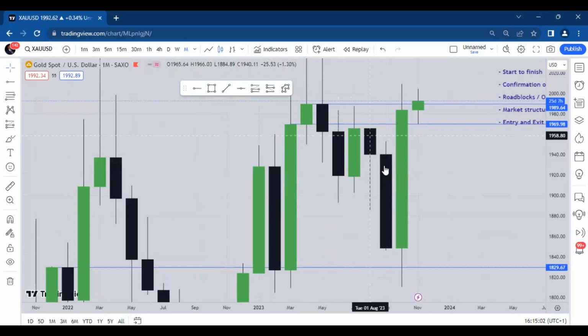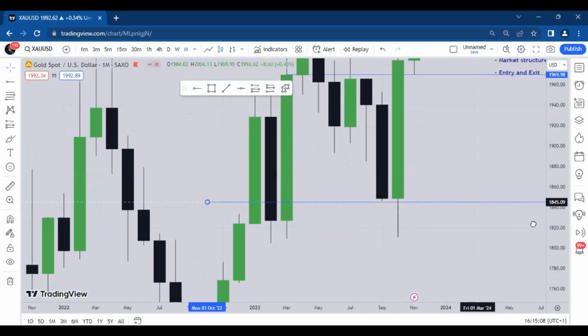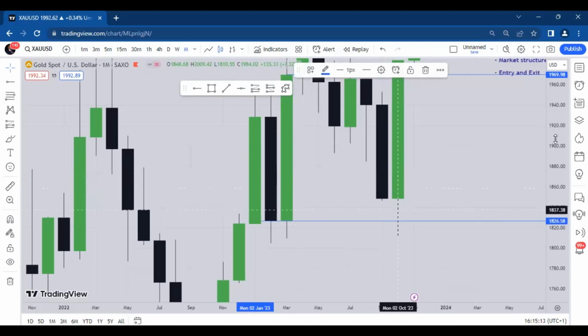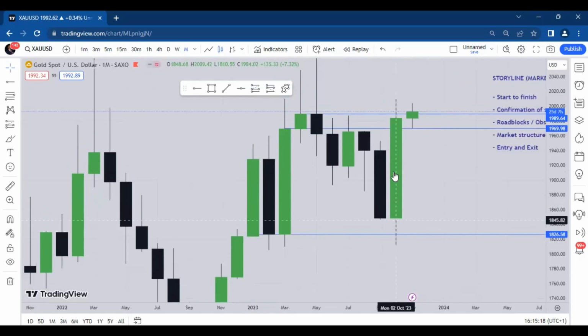And it sold all the way, and it came to a support, which is here. So the market came here in the month of October, and then we started having a buy. The market bought, and it came back again to a resistance here, this apex that price formed earlier. That is still fresh because price did not tap into it before selling.